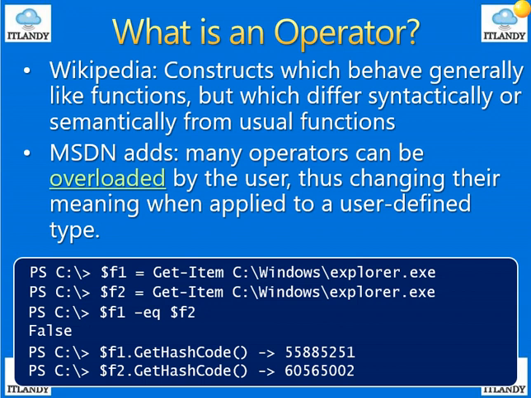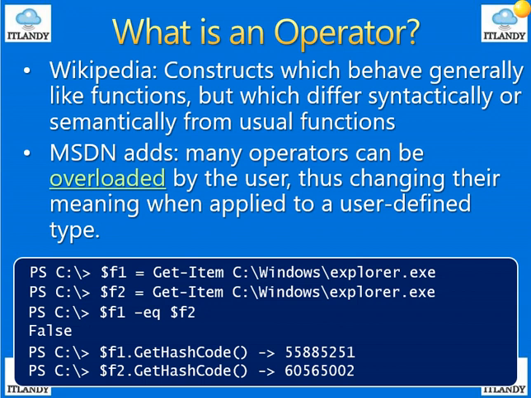So different vendors and different languages can define the operator in such a way. But for us, at the end of the day, we need to understand how they work and how they behave.